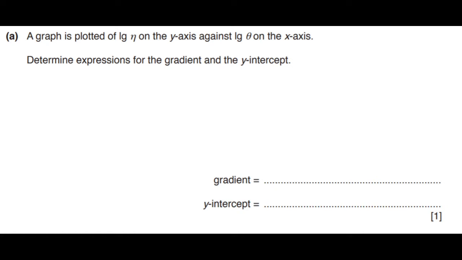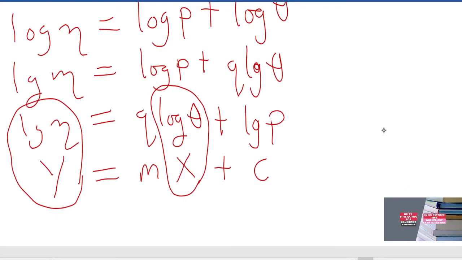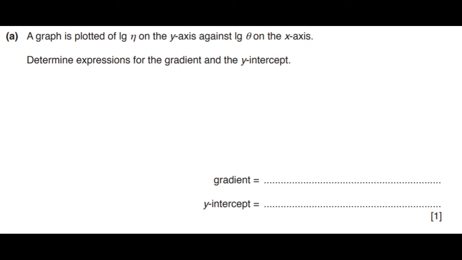So the expressions for the gradient and y-intercept are the ones that we found there, Q and log P. Q is our gradient, which is m in y is equal to mx plus c. Log P is our y-intercept in that regard. And then you get 1 mark if you do that.